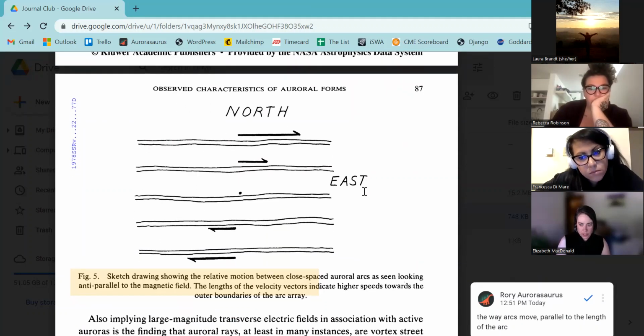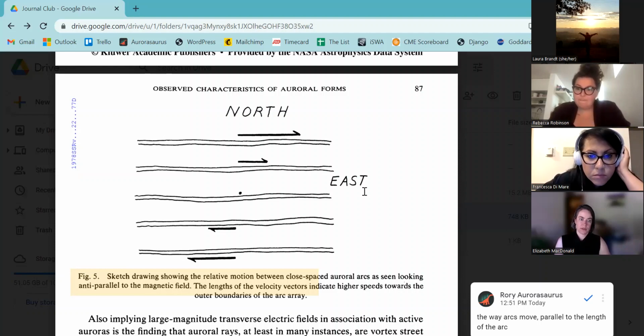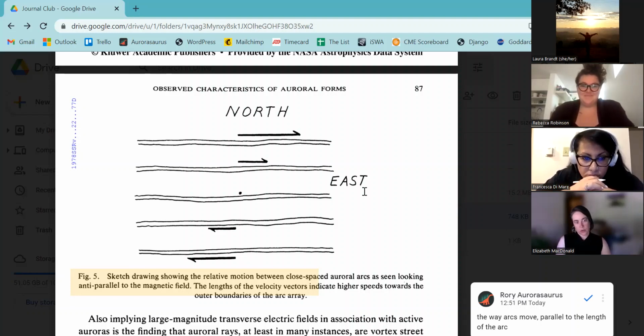All that we're trying to talk about here is when arcs are moving parallel to the arc length, that there's faster motion kind of on the north side of the arc, and faster motion on the edges of those arcs, which is interesting. And that it also is opposite in direction, so that it goes east on the north side of the arcs and goes west on the south side of the arcs.